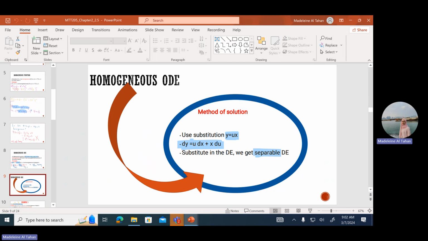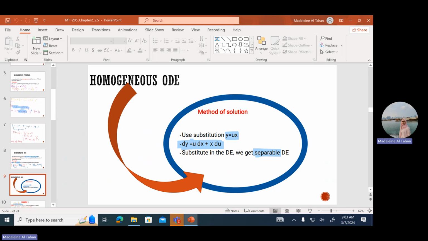The new equation will be in terms of u and x, and we'll simplify it to get it separable, right? Then we'll solve it in u, and finally, when we find the implicit solution, instead of u we put y over x.